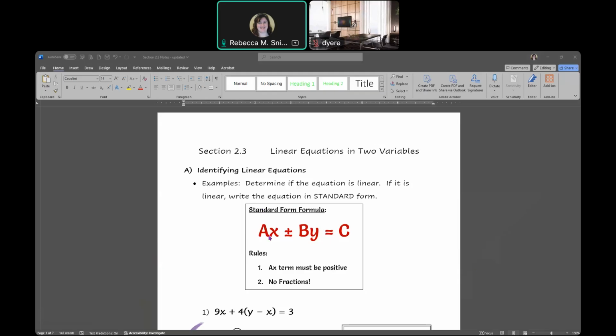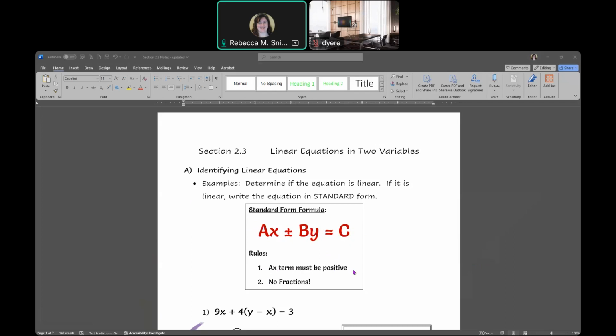So when we look, standard form right here is this equation where we have ax plus or minus by is equal to the c term. A, b, and c are going to be the numbers or the values. X and y are your only two variables. Now in this standard form, we have a couple of rules.